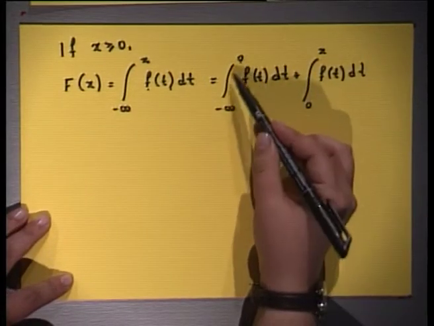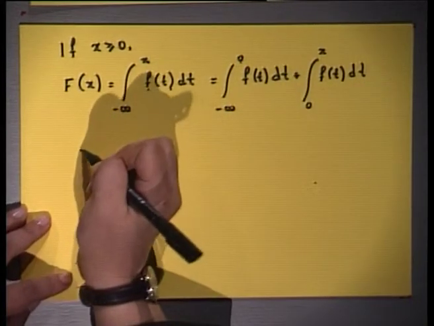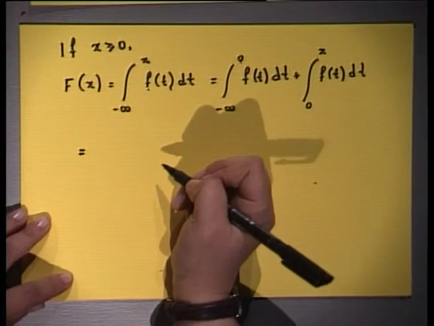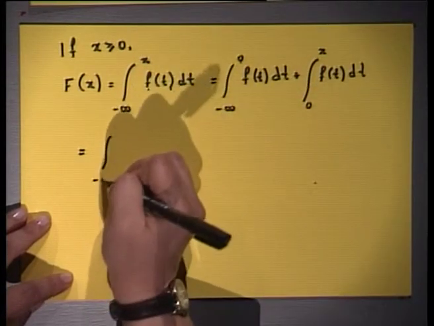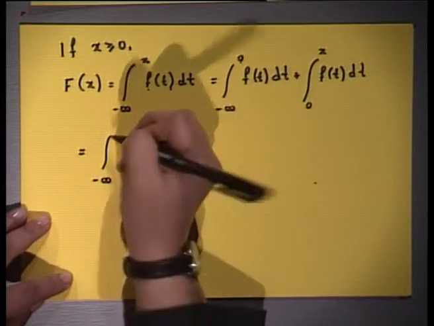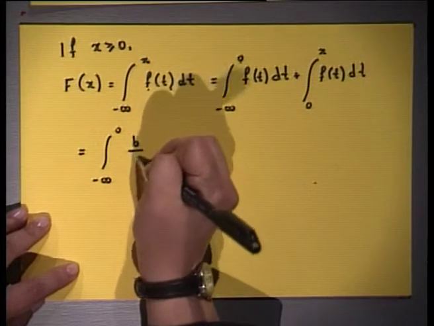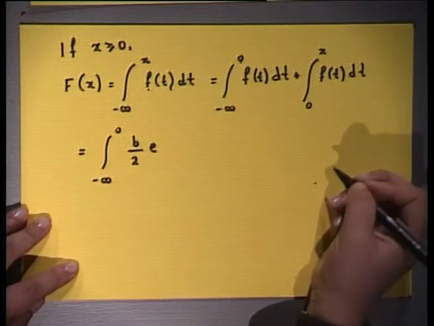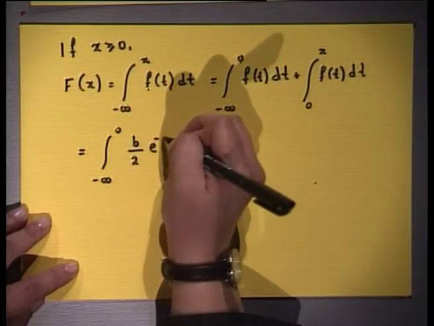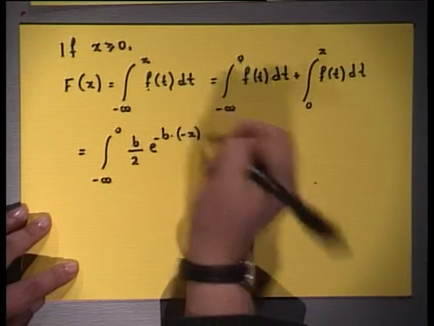So we can calculate this. We have from minus infinity to 0 of b over 2 e to the minus b times minus x.